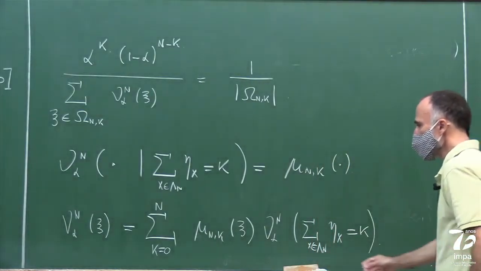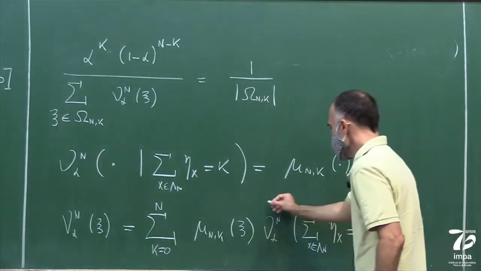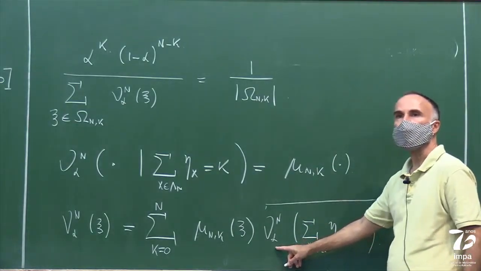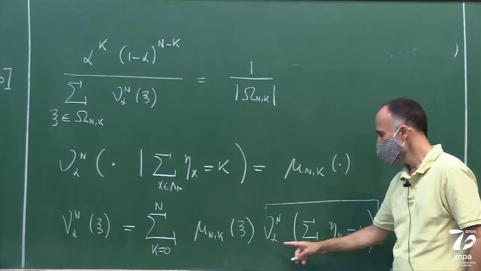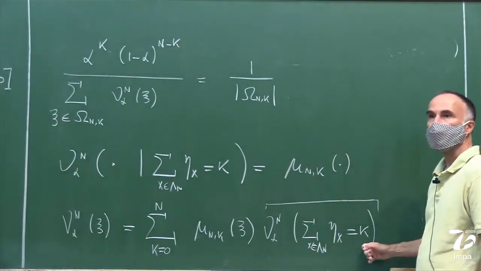So I concluded, so you see here, what you're computing is: take the Bernoulli measure with density alpha, compute the probability that you'll get k particles.